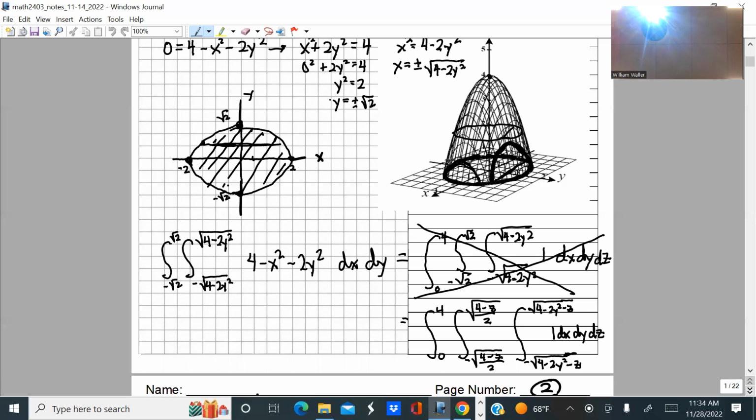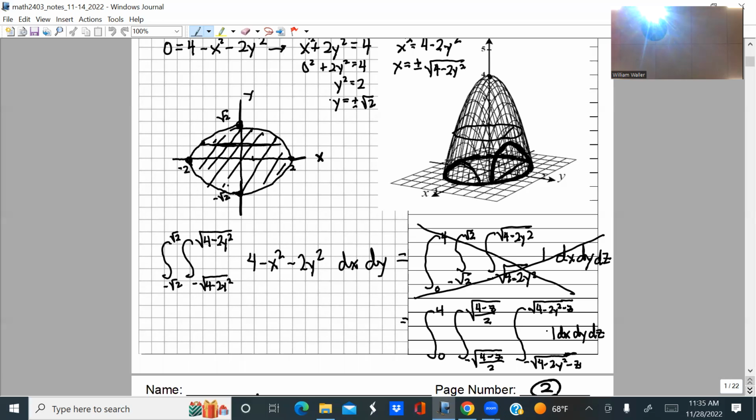That required a trig substitution, and then we got to a point where we were going to need another trig substitution. At that point, we just said, let's try using Wolfram Alpha to finish the integral. So we finished evaluating that double integral.